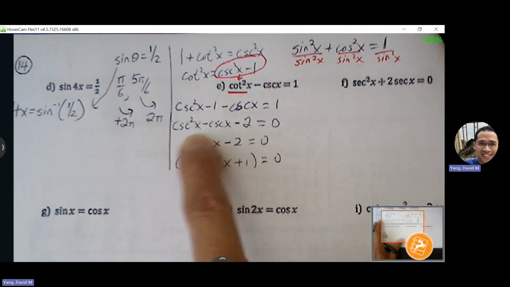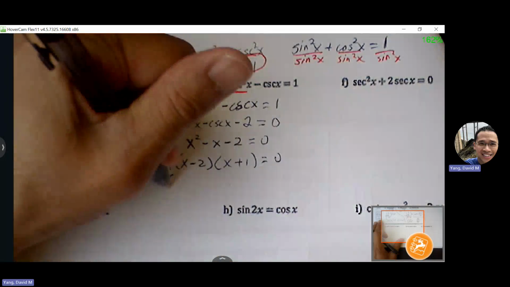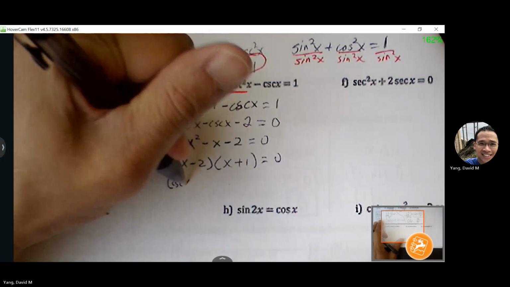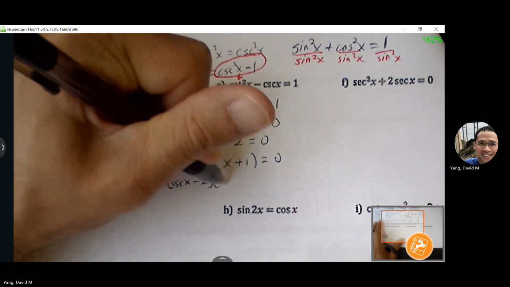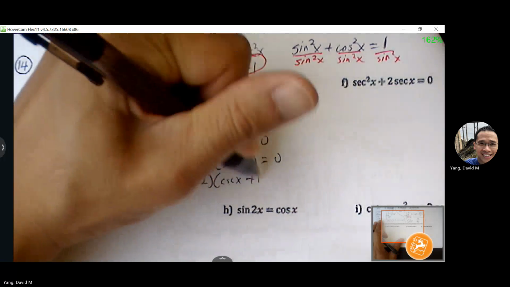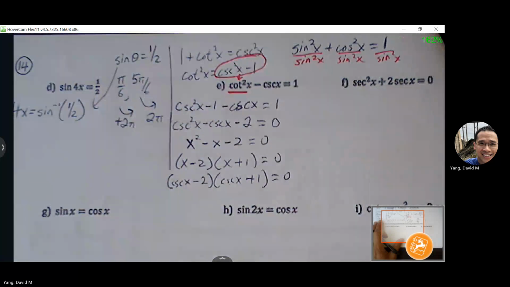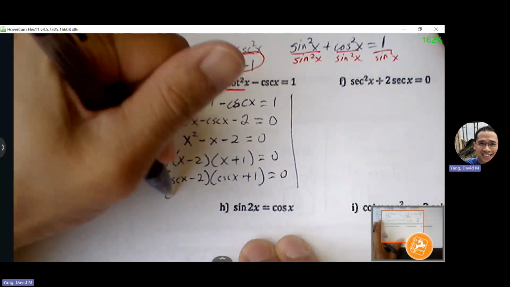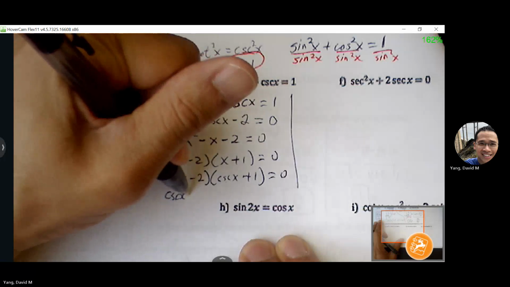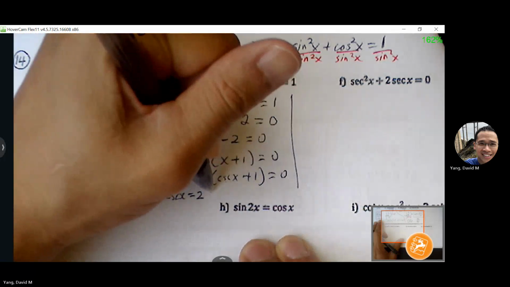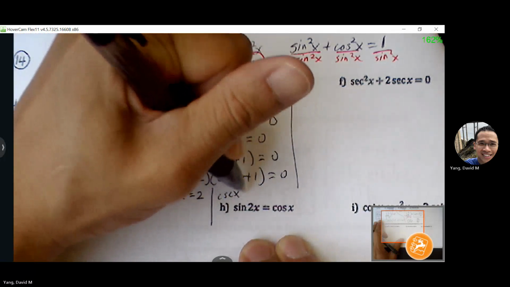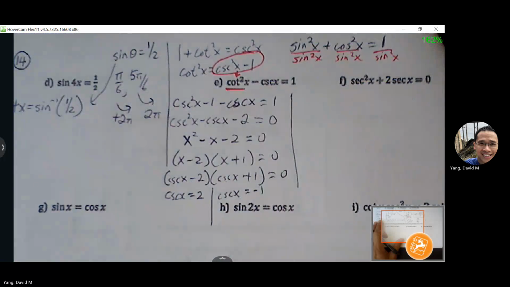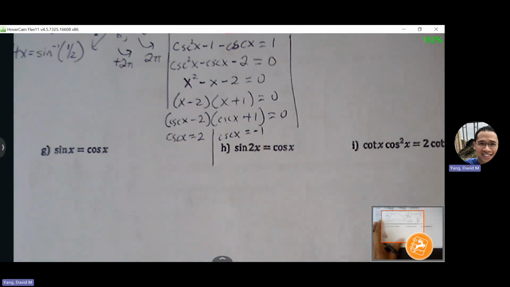Now let's bring back the original variable, which is cosecant. We set both parentheses equal to 0. Cosecant of x equals 2 and cosecant of x equals -1.